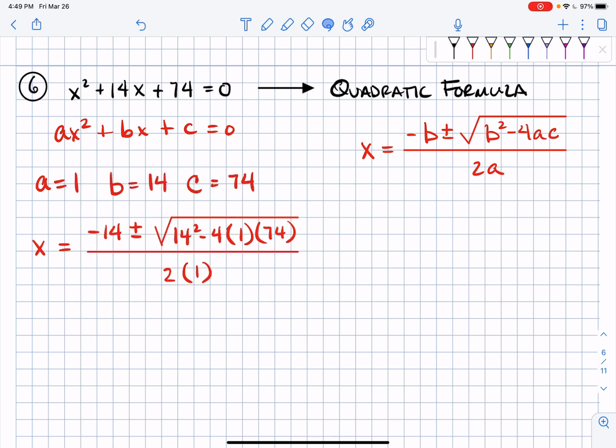So one of the things I say to you guys in the notes is this. When you plug anything into the calculator, I would suggest that you only plug in what's underneath the radical. So I would do 14 squared minus 4 times 1 times 74.